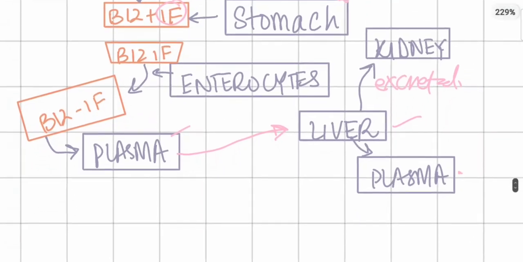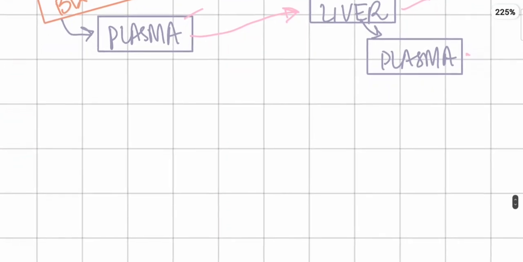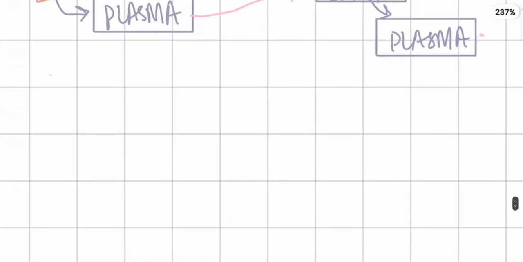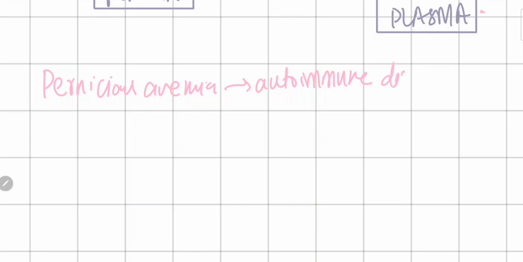But important thing is that even though you have enough vitamin B12, there is a condition called pernicious anemia. So pernicious anemia is actually an autoimmune disease. It is called anemia, but bear with me, listen to it. It's an autoimmune disease that is going to affect the cells that form intrinsic factor.